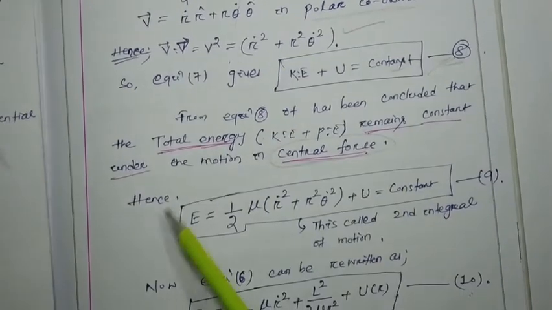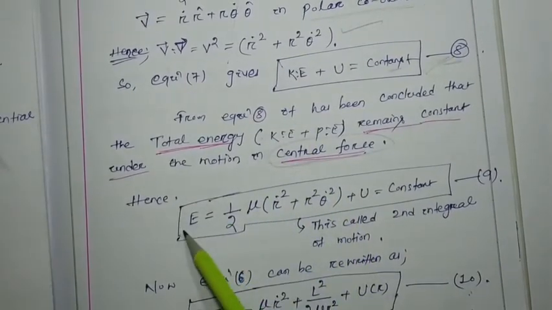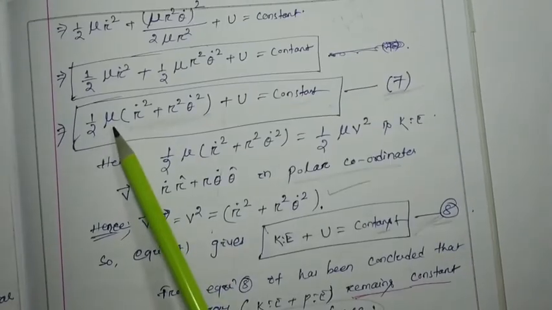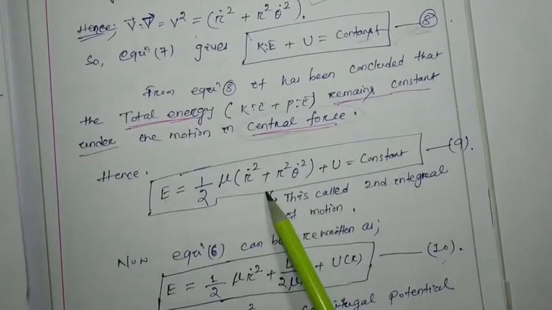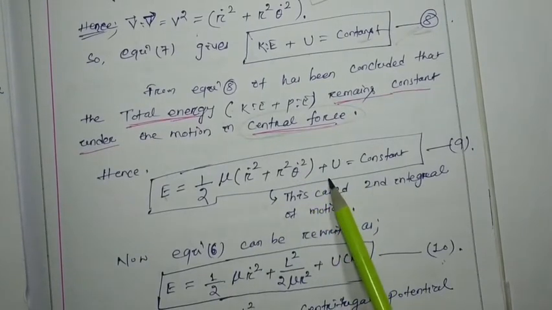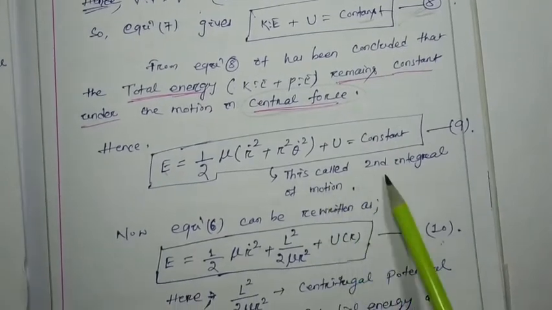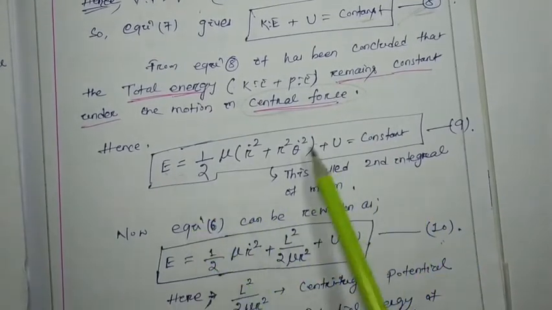Now hence total energy E equal to half mu r dot square plus r square theta dot square plus u equal to constant. Let it be your equation number 9. This is called the second integral. See, this is the expression of the energy.